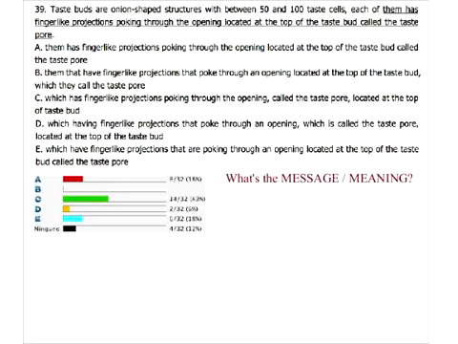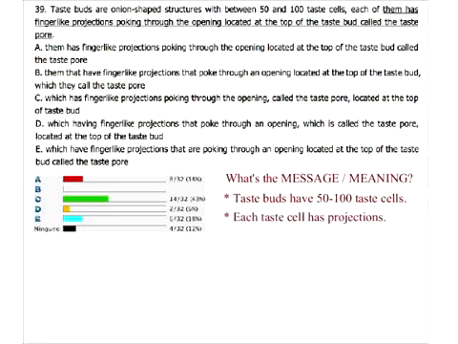So taste buds have 50 to 100 taste cells. And then each taste cell has these projections. And the projections poke through an opening at the top of the taste bud.